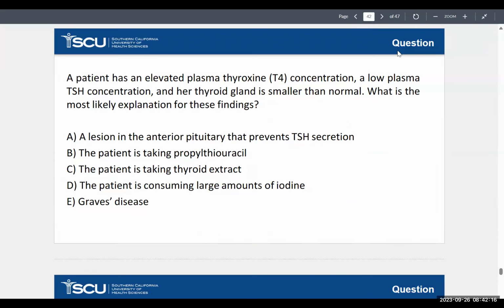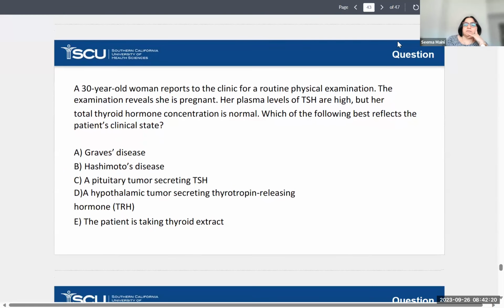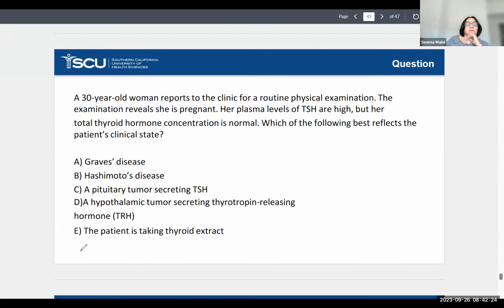Yes. All right. Next. Now this, I would say maybe that choice is not here. You can think out of the choices in this question. 30 years old woman reports to the clinic for a routine physical examination.